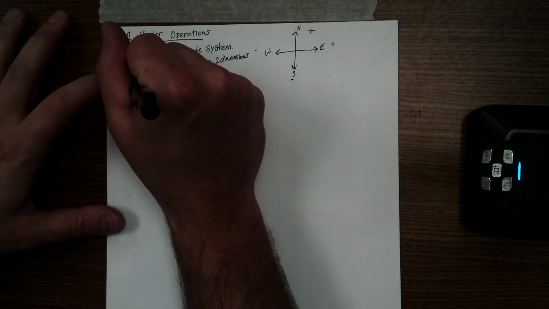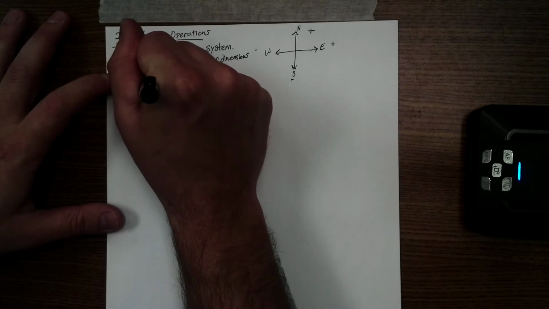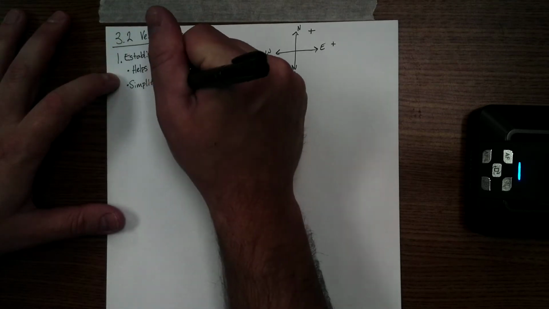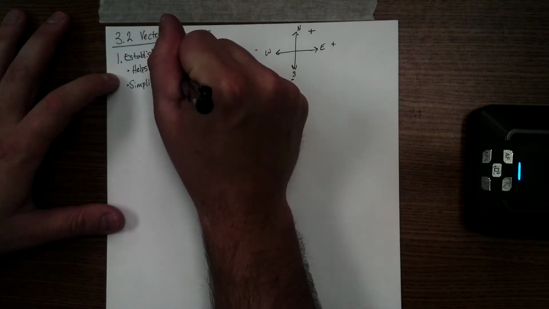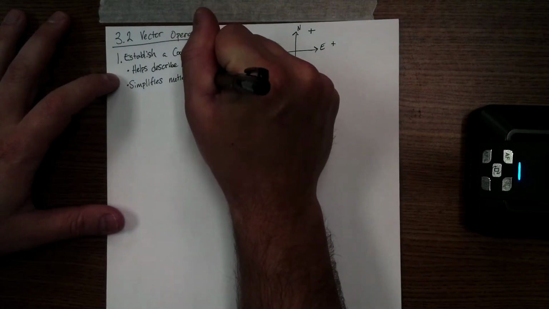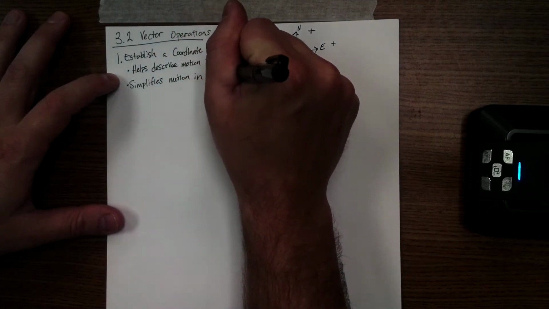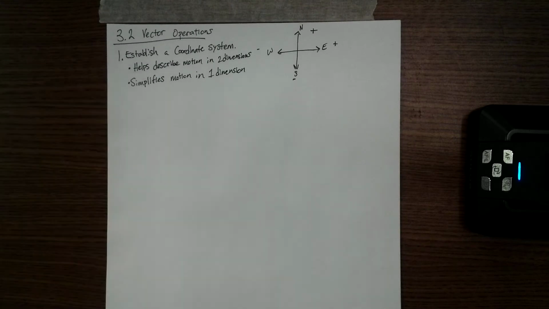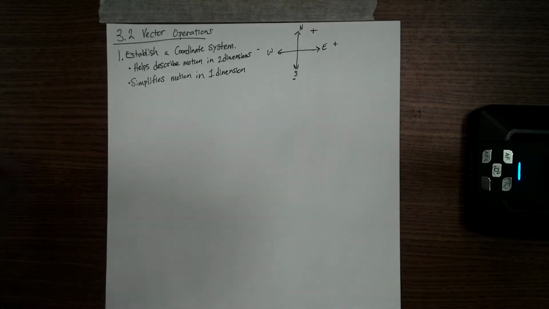It also simplifies motion in 1 dimension. Okay? So it helps simplify the motion in the 1 dimension. If you're going up versus down or left versus right, positive versus negative. Okay? So when we establish this coordinate system, it's going to help us describe our motion in 2 dimensions, and it's going to simplify our motion in just 1 dimension.